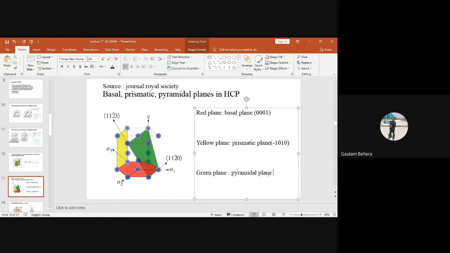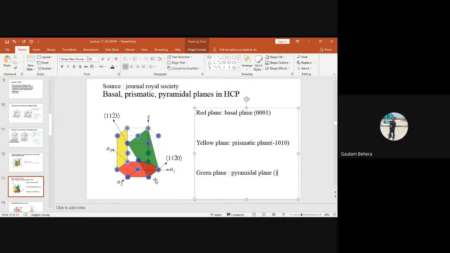And finally, for this plane, let me wait, I want an answer from you. I will give you at least one minute. Let me see who can answer quickly. What will be the Miller-Bravais indices for this green pyramidal plane?